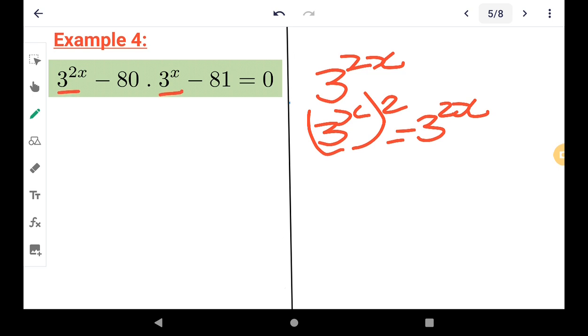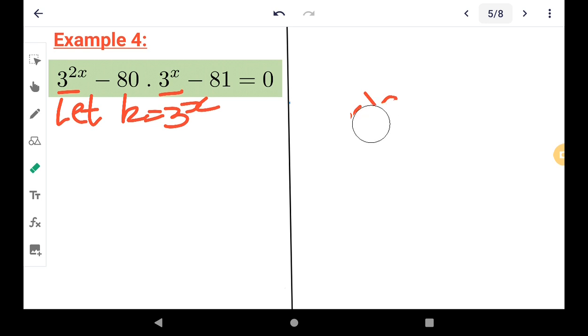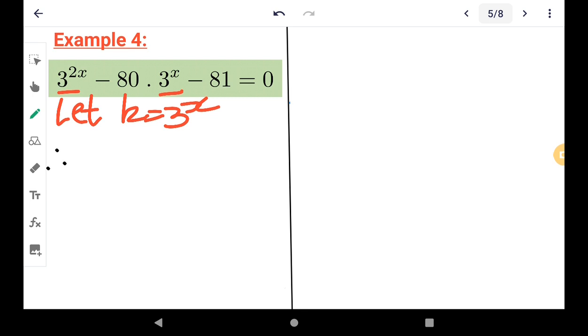So you go, let k equals to 3 to the power of x, using the k method, and therefore now we express any 3 to the power of x as k.